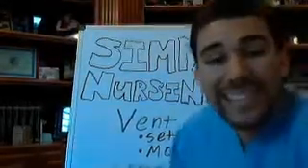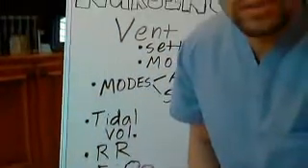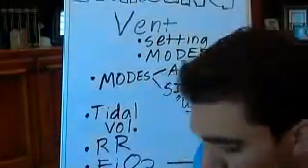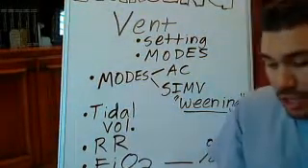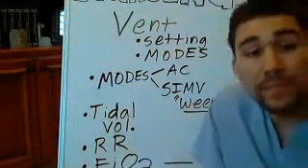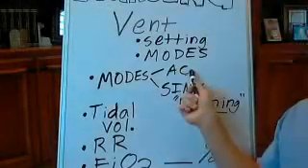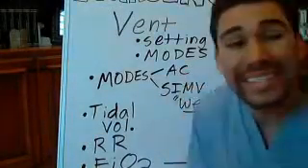So for your vent settings and your vent modes, there are two major modes. You have an assist control mode, what's called an AC mode.